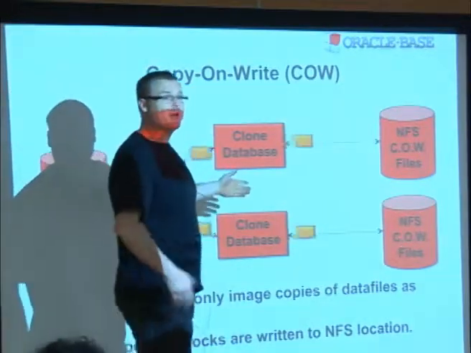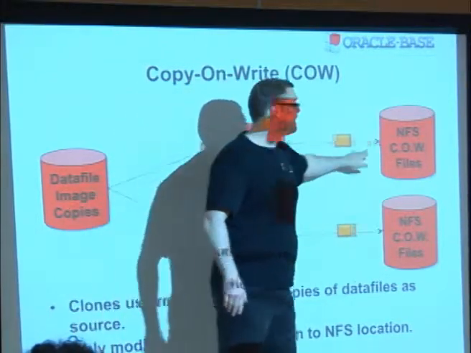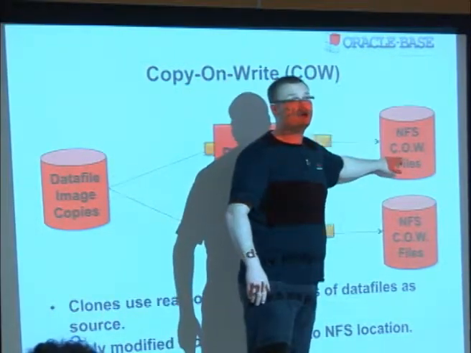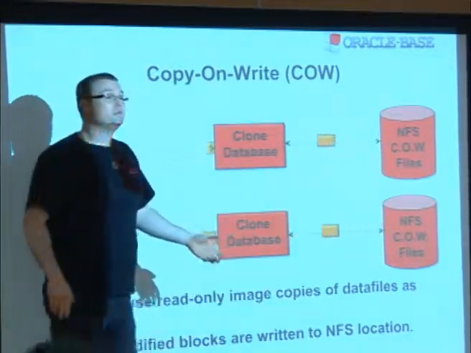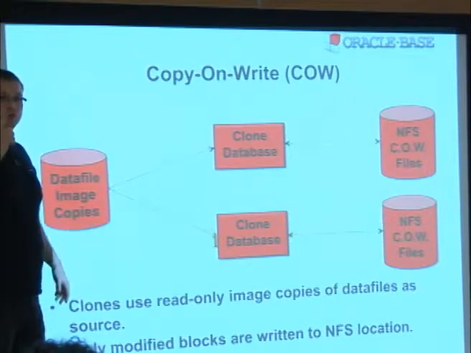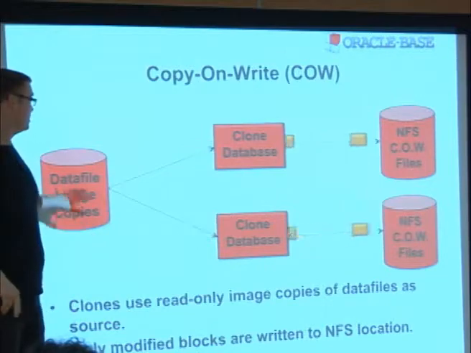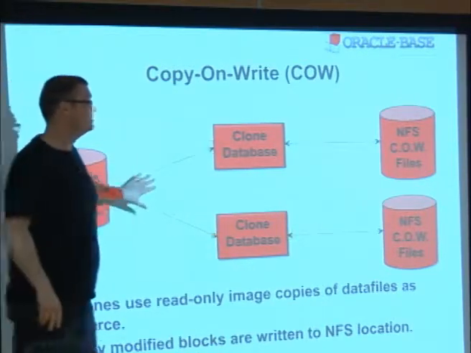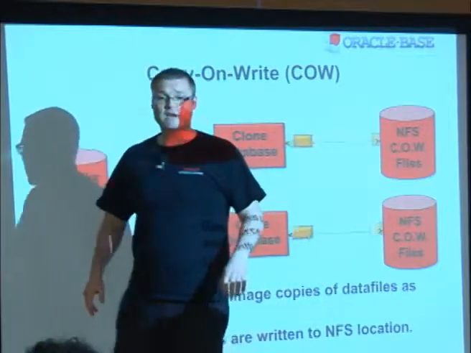If I change any data, the blocks associated with that changed data get written to an NFS location, a copy on write location, okay? What that means then is, rather than a normal database where I've got one source of the data files, I actually have two locations. The read-only location and the changed data sitting in a copy on write location.